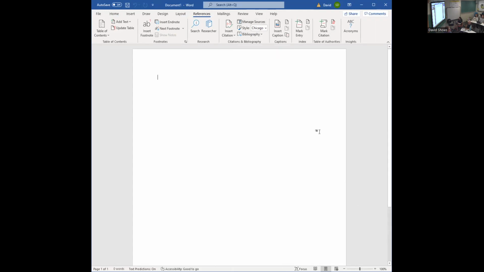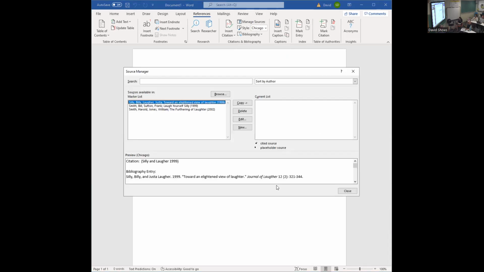I want to create a bibliography. So within Word, the same document that I'm doing this paper with, I click Manage Sources. Now, if you notice, I've already got a couple in there, which is kind of cool. It saves them.